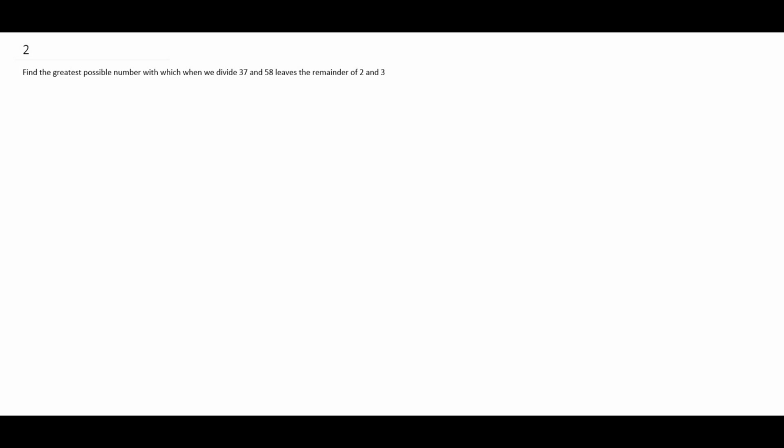Find the greatest possible number with which, when we divide 37 and 58, leaves the remainders of 2 and 3. This can also be visualized using Euclid's formula. 37 is equal to N Q1 plus 2. This implies 35 is equal to N times Q1.